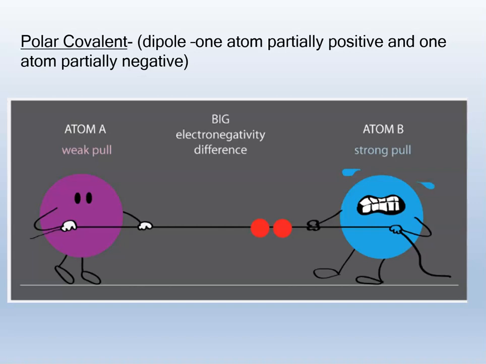And so you can see right here, if we get a big difference in electronegativities, if this one's not pulling very much but is still holding on to the electrons, and this one's pulling them more towards its side, this one's going to become slightly negative, this one's going to become slightly positive, and these will stick together. It is a covalent bond because they are still sharing those electrons. They're just not sharing equally. So this is an unequal sharing, a polar covalent.